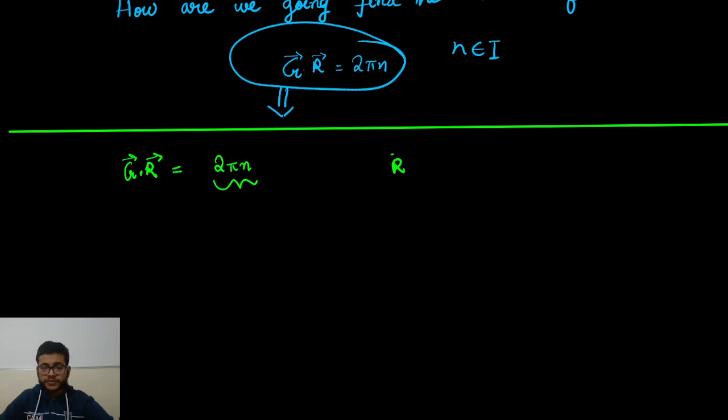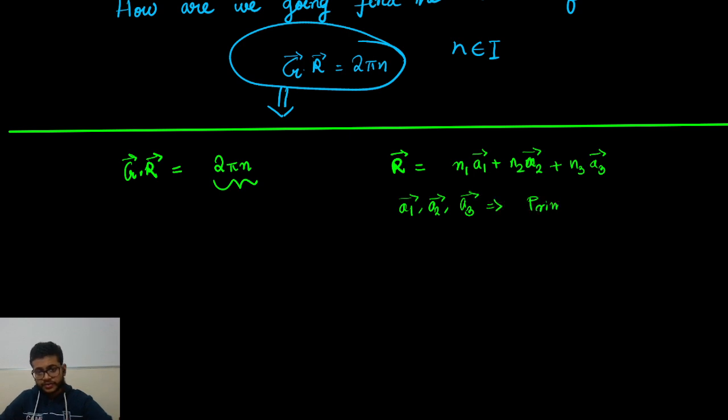R, as we know, stands for the position of any crystal point, and it is given as a linear combination n1 a1 plus n2 a2 plus n3 a3, where a1, a2, a3 are the primitive lattice vectors.